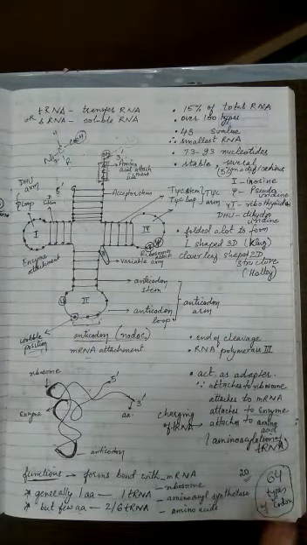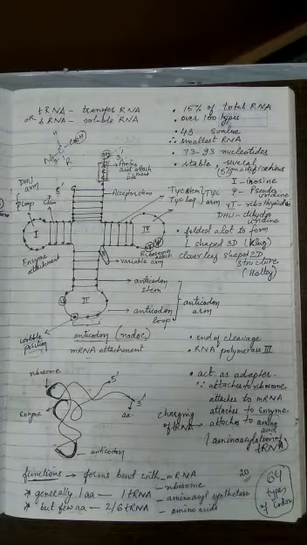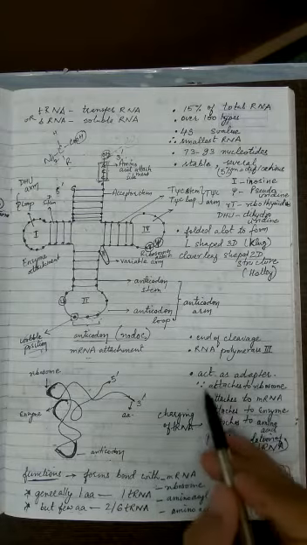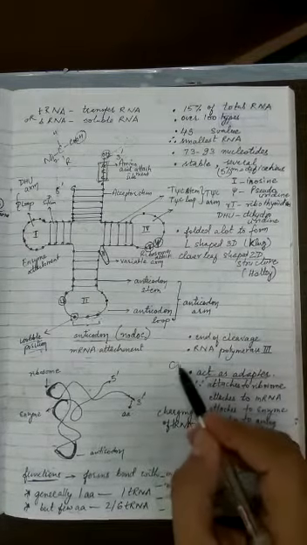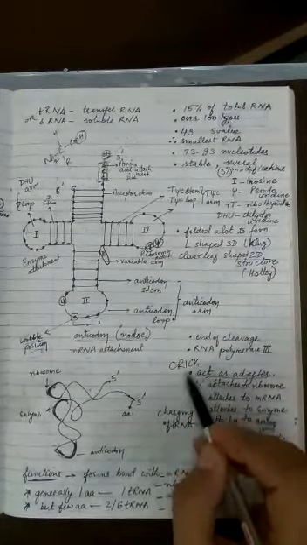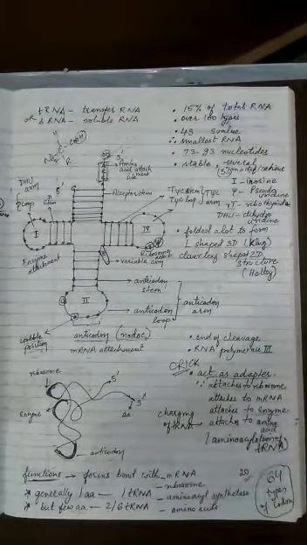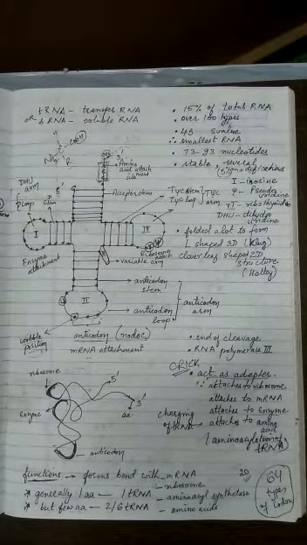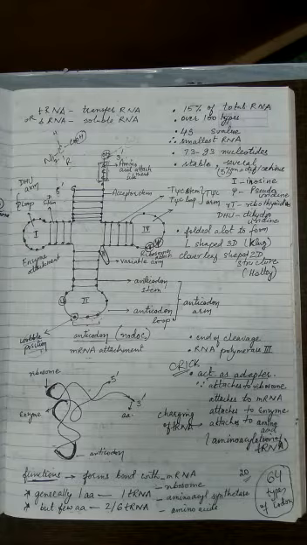Now what exactly are the functions of the tRNA? The first function of the tRNA is to act like an adapter. I already told you. This was explained by Crick. Crick was the scientist who was the first one to say that the tRNA is the adapter molecule, and its function is to transfer the amino acid to the ribosomes for synthesis of a polypeptide, or a long chain of amino acids, or you simply call it protein.